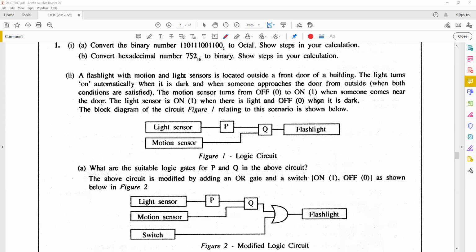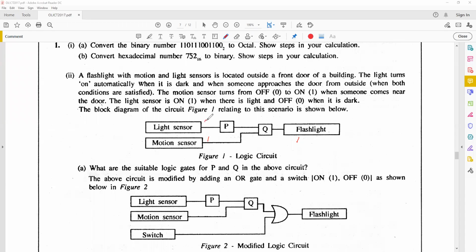right? Now what we want is for the light to turn on. So that is 1. We want to make it 1. This flashlight should turn on when the motion sensor detects someone approaching, that is, this is 1.